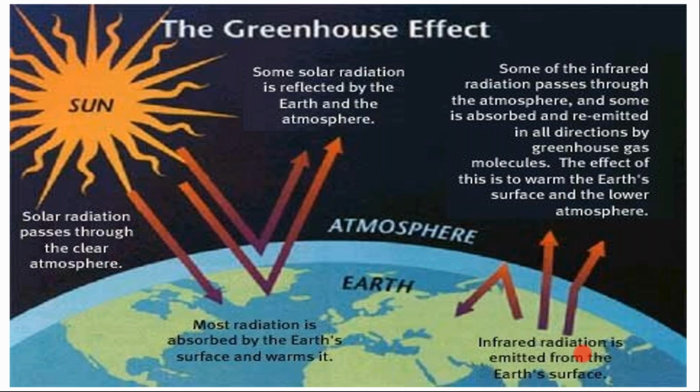Infrared radiation is emitted from the earth's surface, and some of it passes through the atmosphere, and some is absorbed and re-emitted in all directions by the greenhouse gas molecules. The effect of this is to warm the earth's surface and the lower atmosphere.